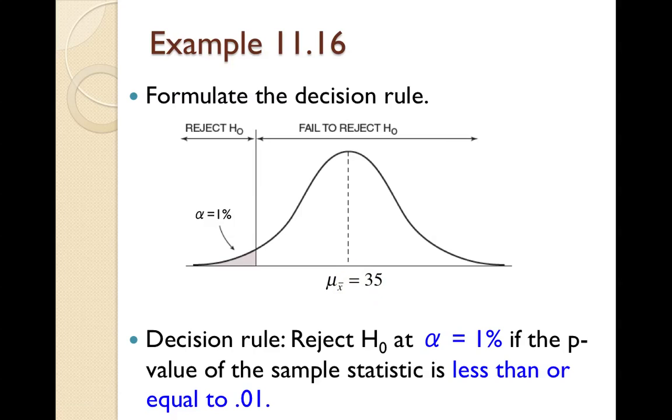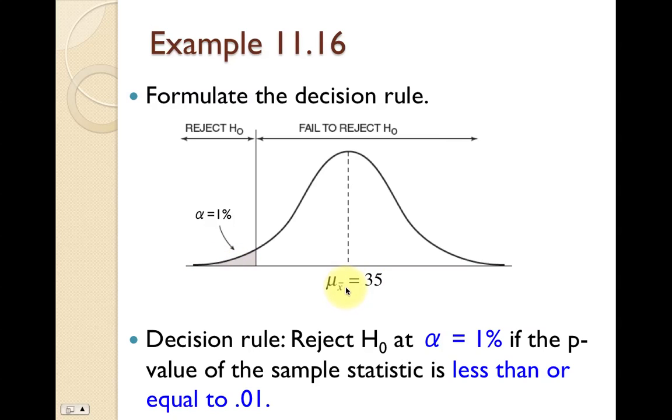So our decision rule: reject H0 at alpha equal 1% if the p-value of the sample statistic is less than or equal to 0.01. We always want the p-value to be smaller than alpha. A p-value that's smaller than alpha indicates that x-bar is far away from center.